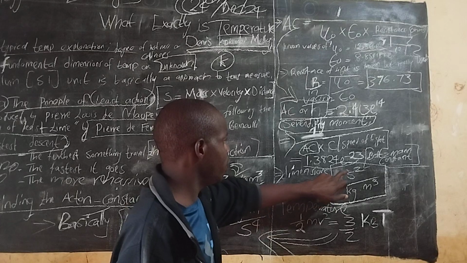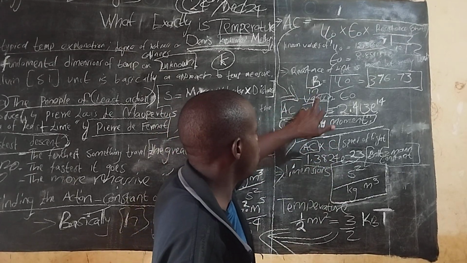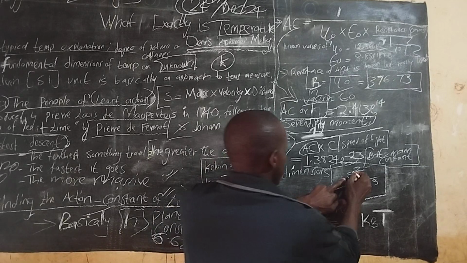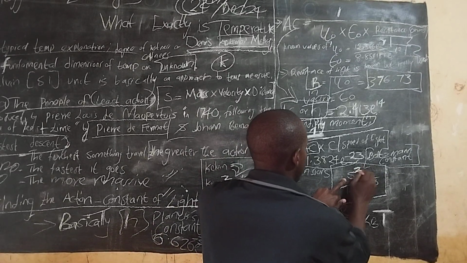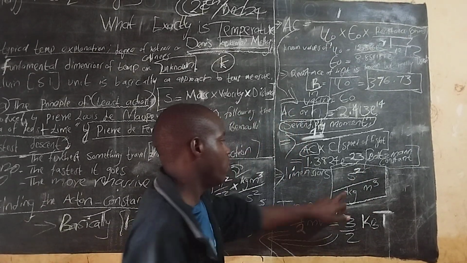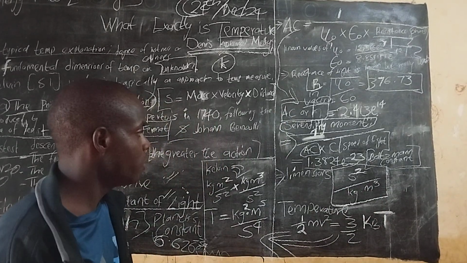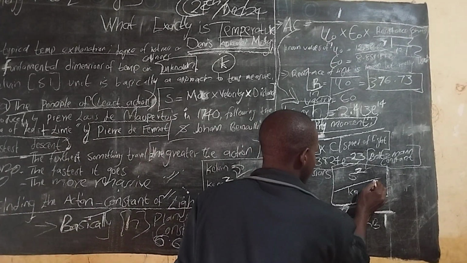The dimension of 1 over h times the speed of light is s squared divided by mass times length to the power of 3.